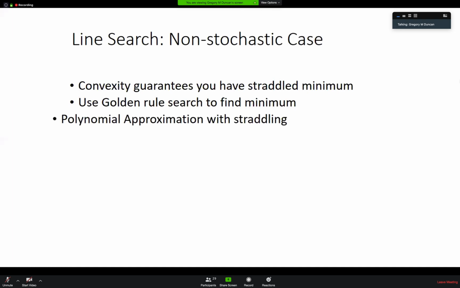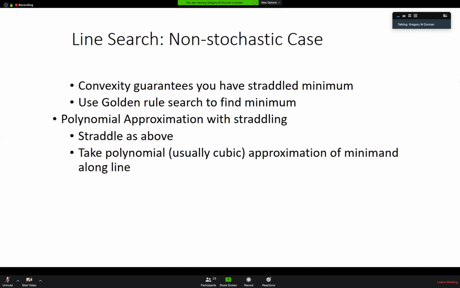Okay. The other thing you can do is a polynomial approximation. What do I mean by that? You fit a polynomial to those points, and you take the minimum of that polynomial. That's easy to do, and you use that as your learning rate or your step size.